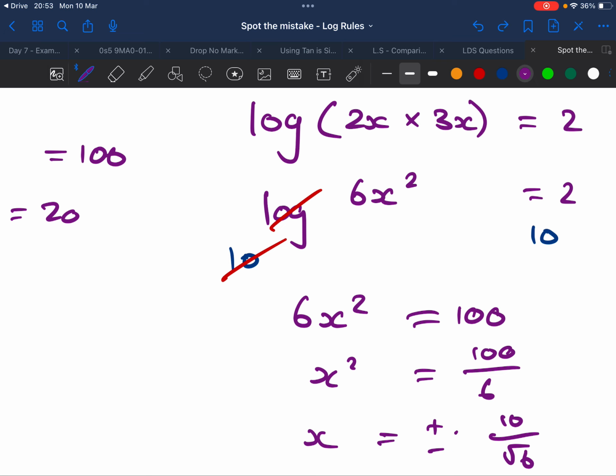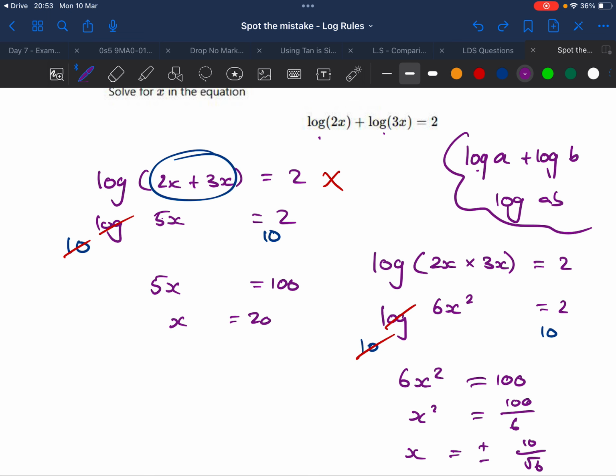Something to bear in mind is just because you have these values here doesn't mean that they will both work. In fact, one of these will not. If you try typing these in up here, you're going to have a problem. So the positive is going to work, but the negative is not. Because when you substitute it into, in this case, either of them, but in general, if it causes a problem anywhere when you sub it in, so if you have log of a negative number, which is what I've got here, it's invalid.